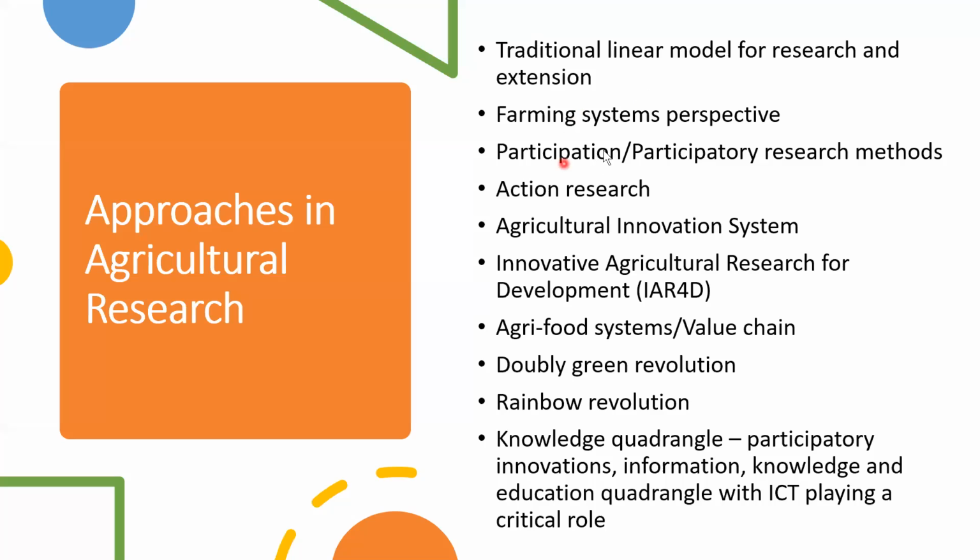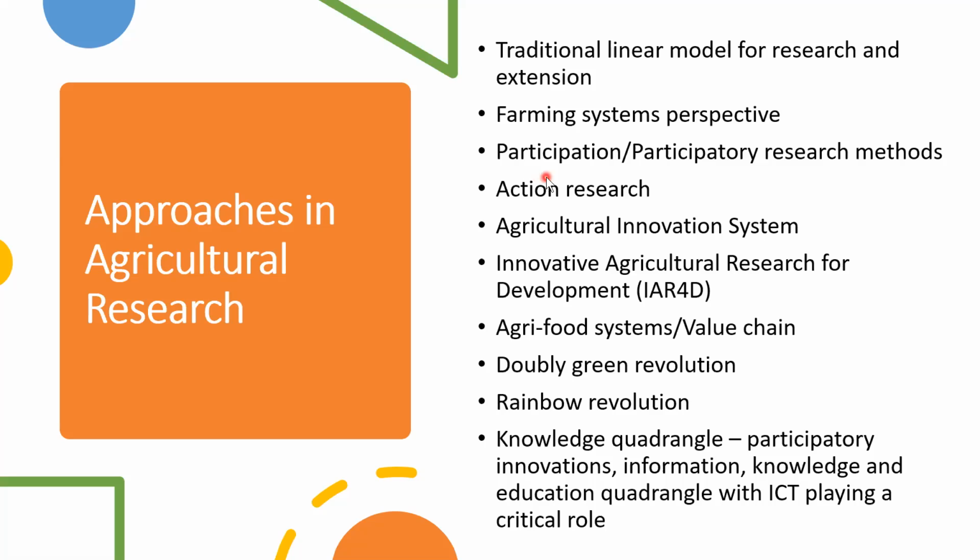Then sometimes we have farming system perspectives. We have to modify the farming systems to enhance efficiency and to get more or enhanced quality food, or a sustainable farming system.